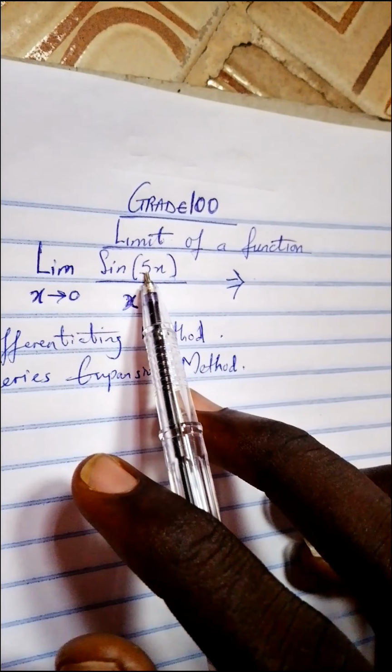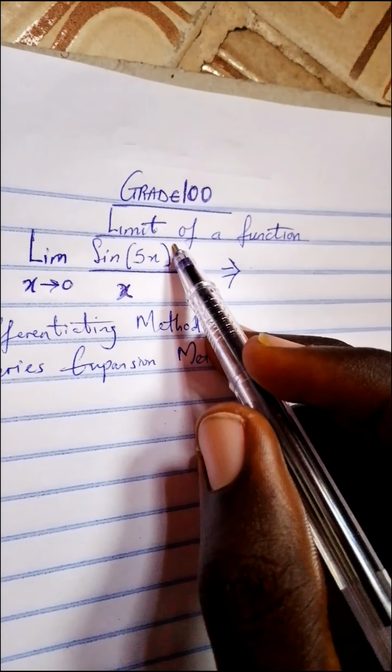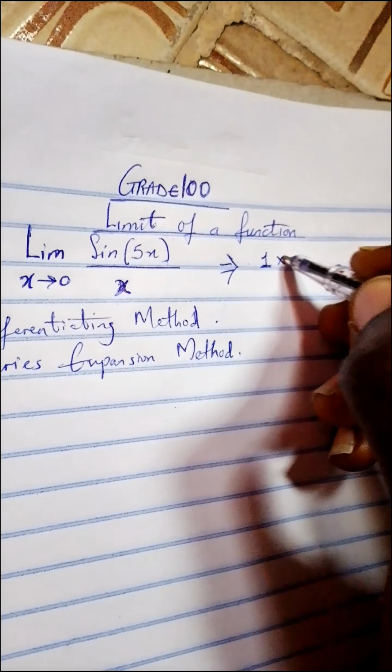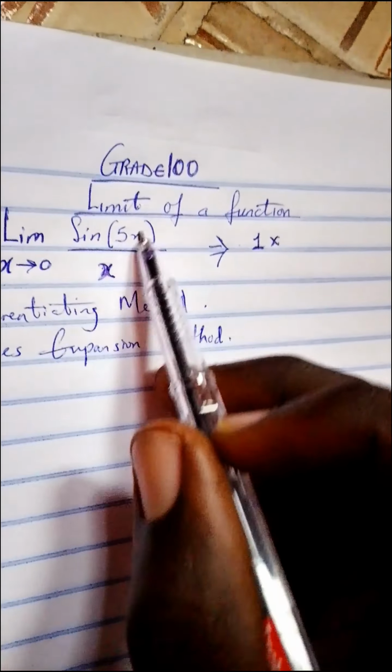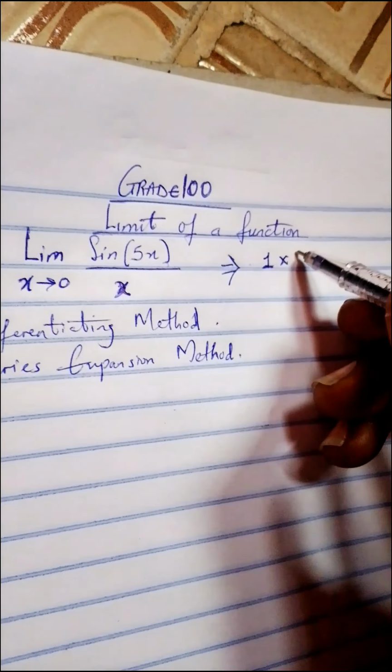You just multiply the power by the coefficient of x. The power here is 1, so you multiply it by the differentiation of what is inside here, and if you differentiate 5x, you will have 5.